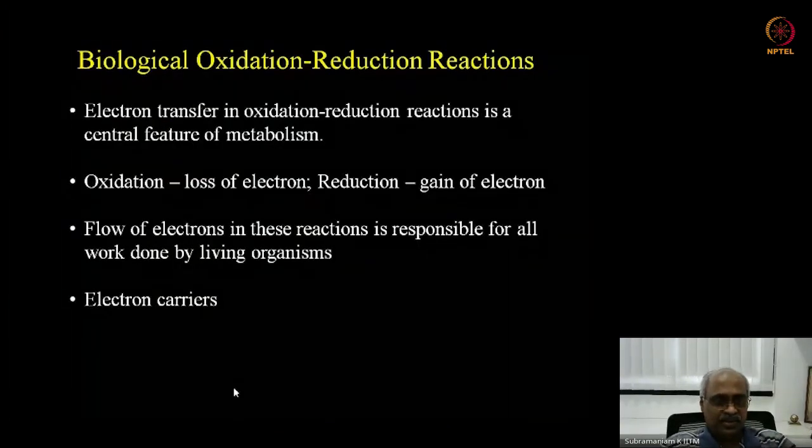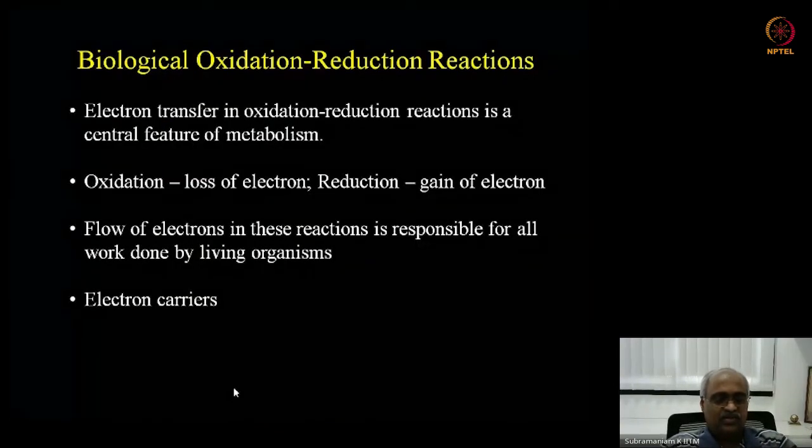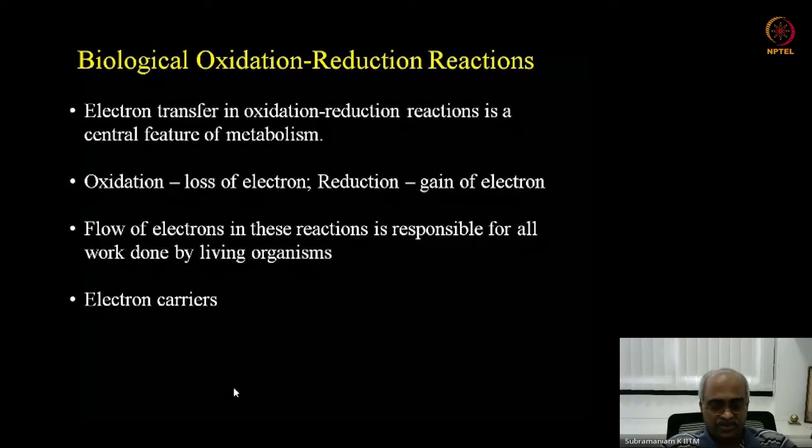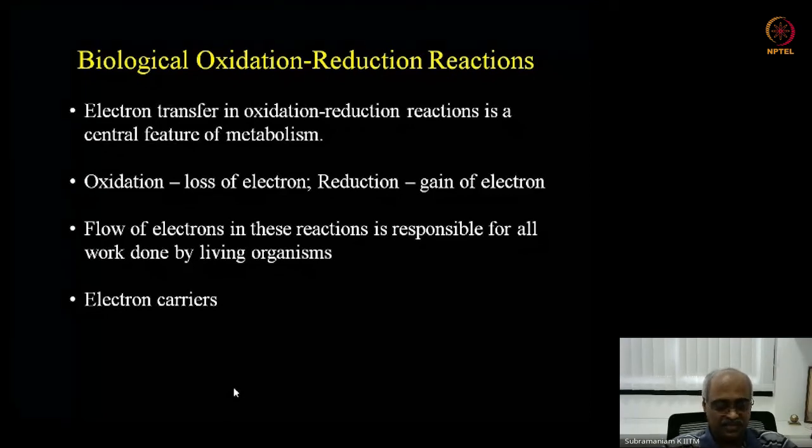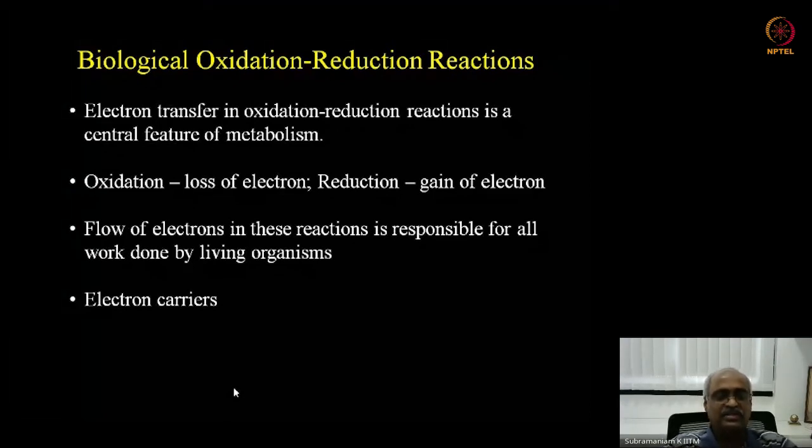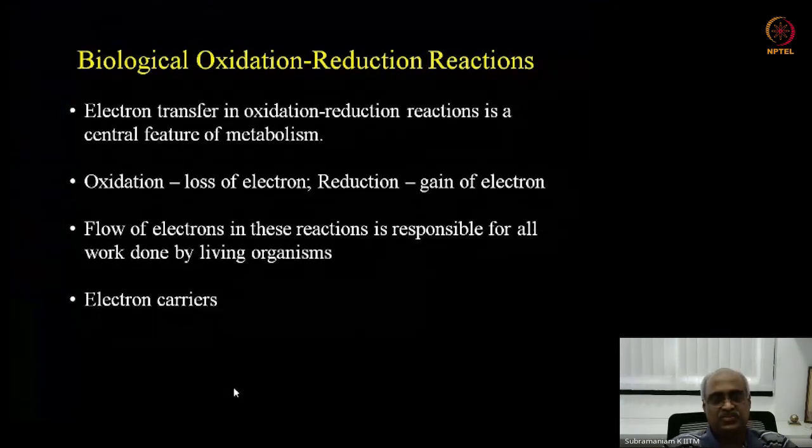Now we need to get into another very important concept. I know we have only 10 minutes, but we'll at least begin the discussion, and in the next class we'll elaborate. Most of the biochemical reactions in our system actually involve electron transfers.